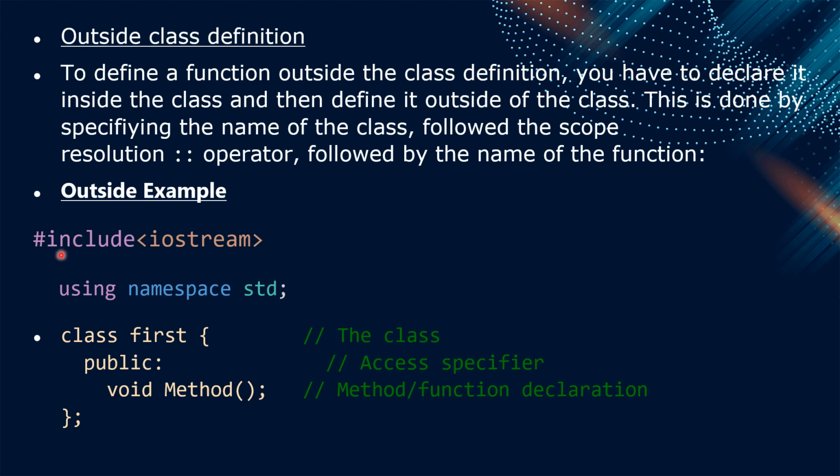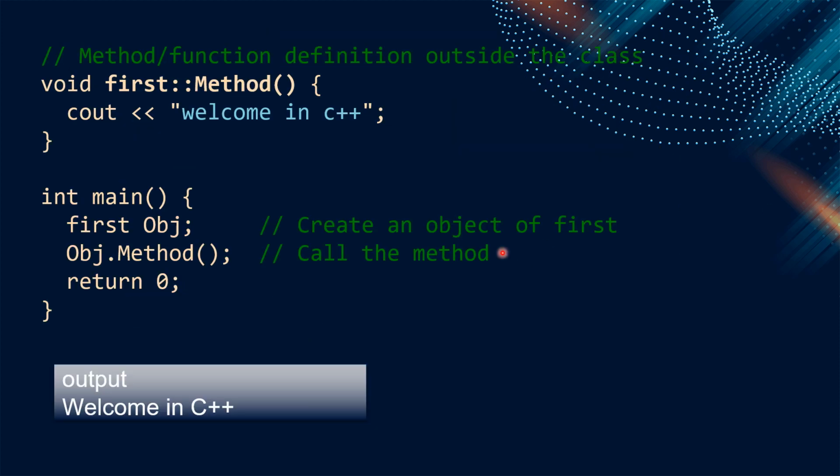Outside example: #include <iostream>, using namespace std. Then here is the class name First. After that the access modifier public, then the method function is declared, and after that the void First method function is defined outside the class, and we will print "Welcome in C++".